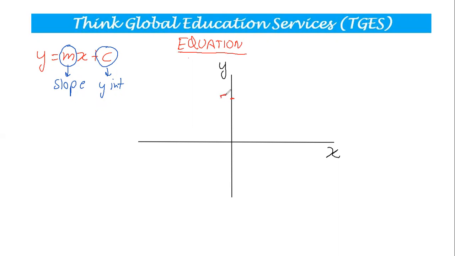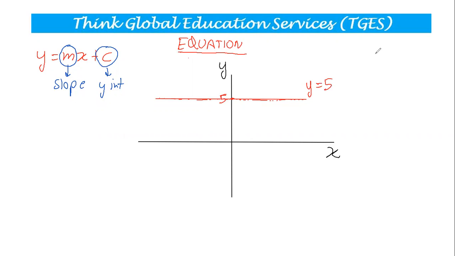Do you acknowledge every point on this line will have y equal to 5, right? If I draw the line, this line is nothing but y is equal to 5. And that's the equation for the line.